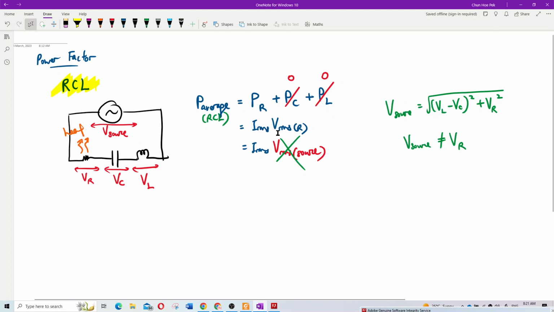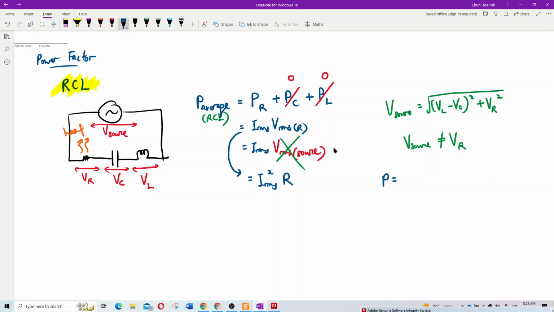So this is VRMS R, not VRMS source, remember. So it is just IRMS and VRMS R only. We can also further change the formula, class. This can further change to IRMS squared R. Remember we learned power equals IV, or I squared R, or V squared over R. Do you still remember, class? We learned this before.